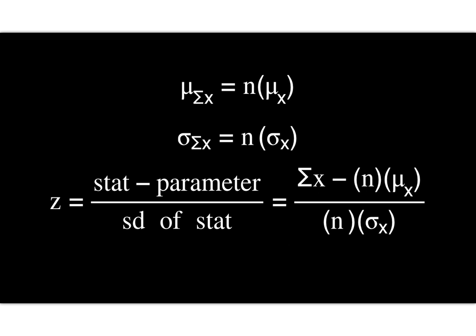And then these would be the formulas, slightly different than how your book writes it, just because I'm different than your book and the authors of your textbook. The average of the sums of the x's. So if you sample 5 of them and you add them up, it would be the average of the sums. Well, the average of the sums will be equal to the average times however many I took.